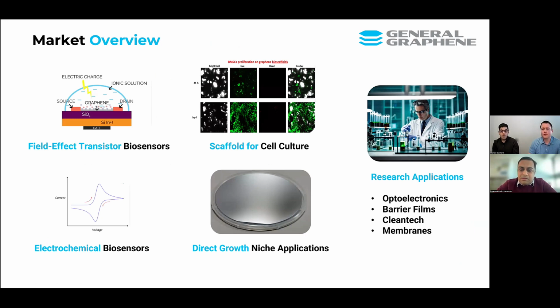I'll now move on to touch on some of the markets we work in. We provide material to these markets, whether it's graphene or carbon films. On the biosensor side, as Shri described, a big market for the monolayer graphene product is field effect transistor-based biosensors, which Shri and his team are working on.